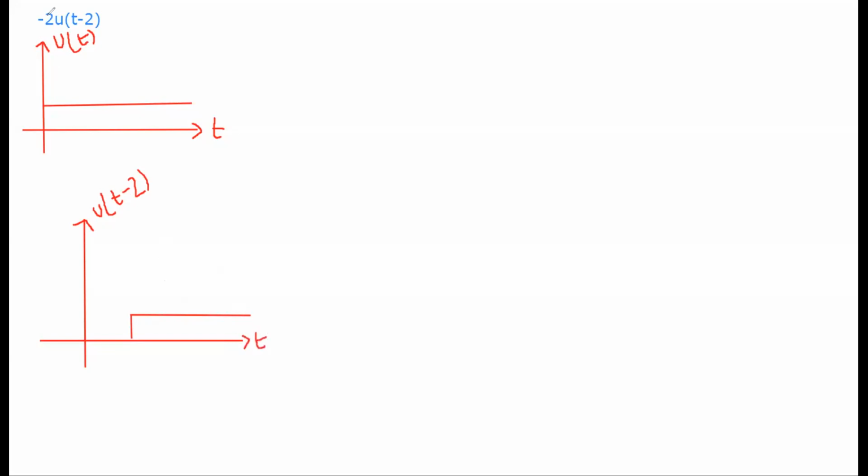Now, what is the operation involved? Minus 2 into u of t minus 2. Here the operation is not related to time. This operation is related to the amplitude of the signal. Have you learned any operation like this, a into x of t?